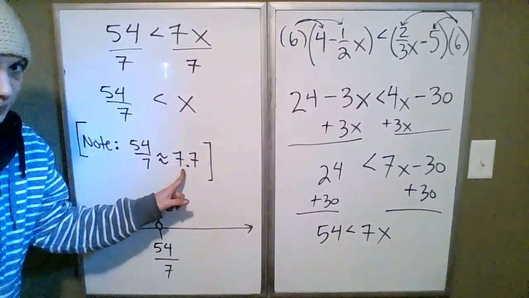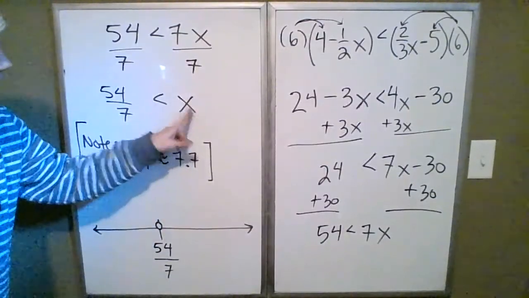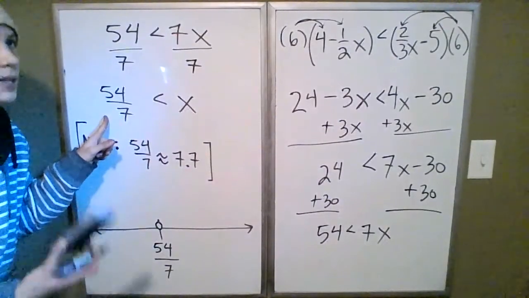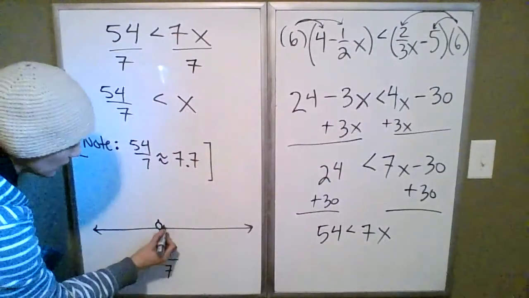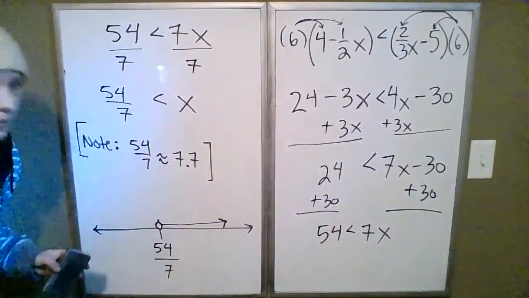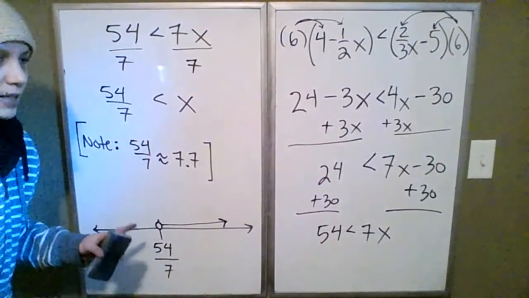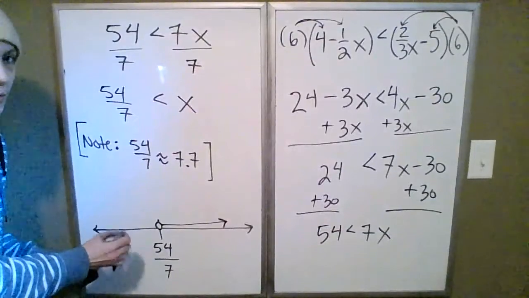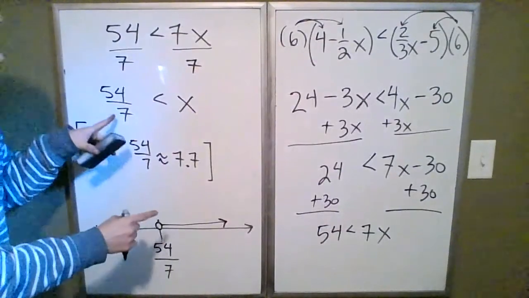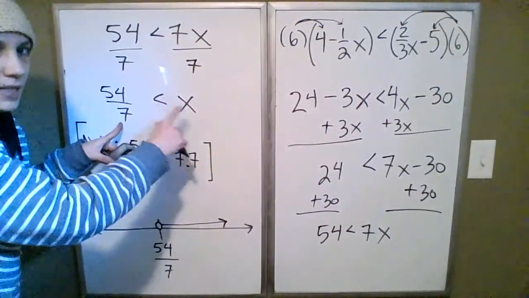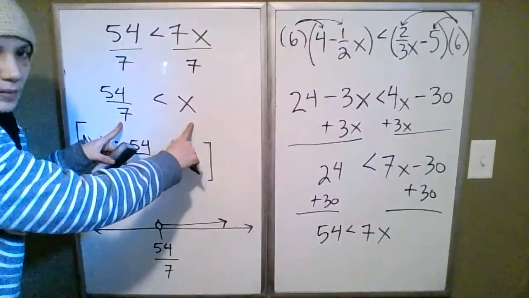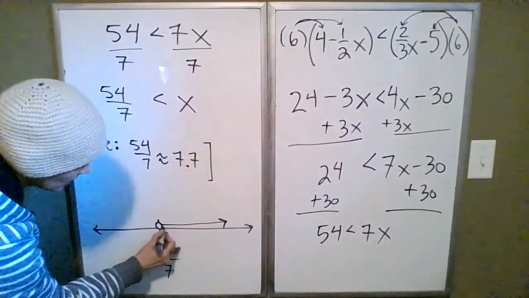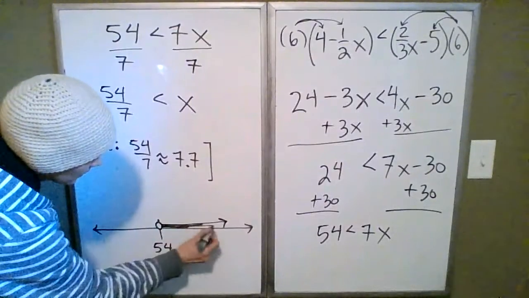So if x is 20, is 20 greater than 7.7? Yes. True. It would shade towards that number. Any negative number is a good test. So let's put -2. This positive fraction less than -2? False. I don't want to shade this way. It's only this side that's the solution side.